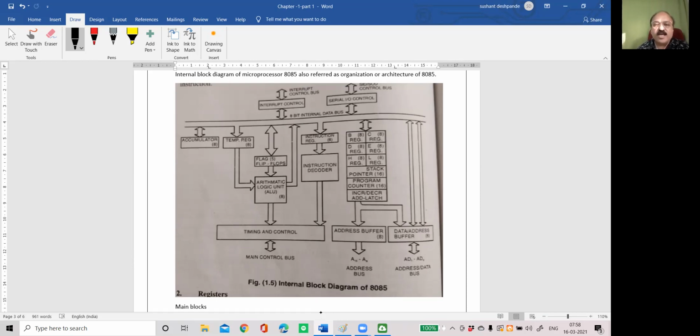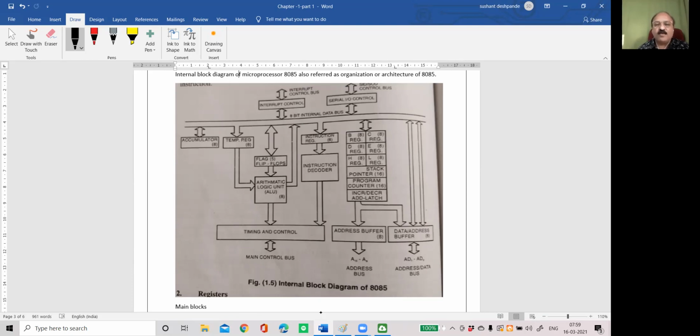Once this decoding is done, it is given to the timing and control unit, and the timing and control will send the signal to all the circuits for execution of the program. So when we say reading of the instruction, it is of 3 phases. First is fetch the instruction, that is, bring the instruction from memory to the microprocessor, then decode it and then execute it.